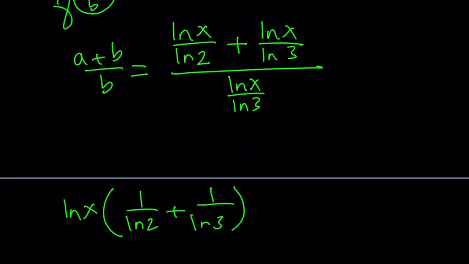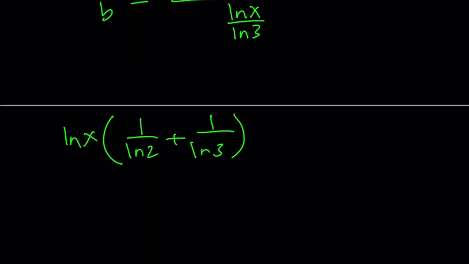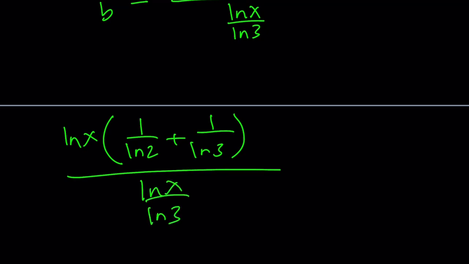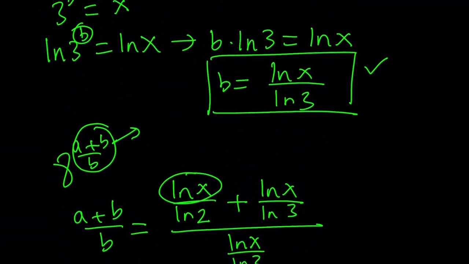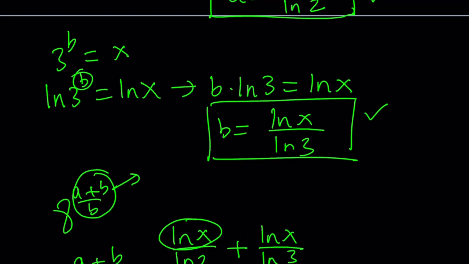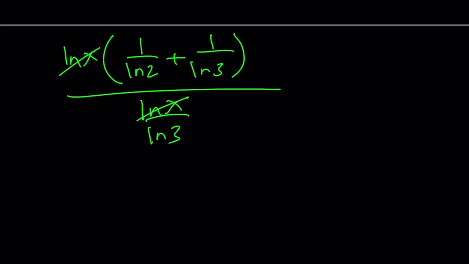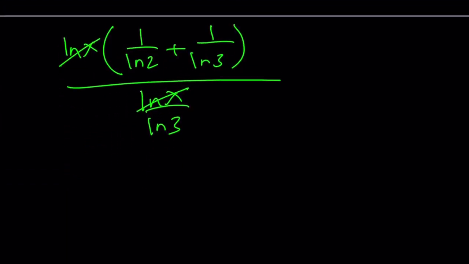We took out the ln x as a common factor. At the bottom, we have ln x over ln 3. Here we can cancel out ln x. Obviously x does not equal 0, as long as a and b are not equal to 0. But b can't be 0, because if b is 0, then we're dividing by 0, which is not allowed. So we can cancel out ln x.